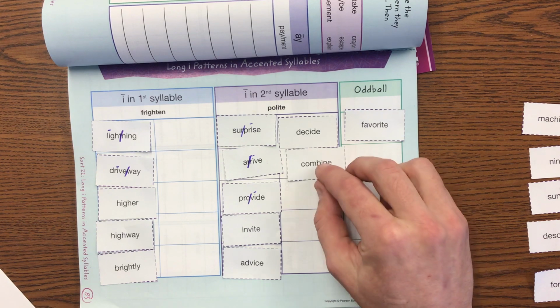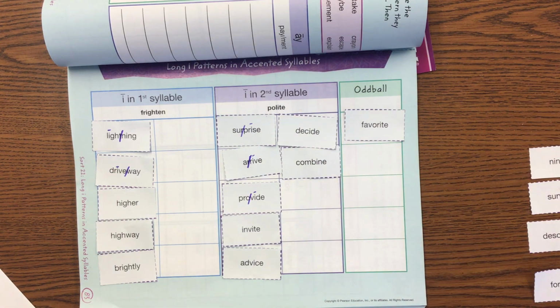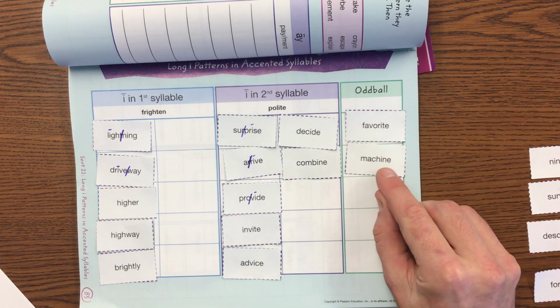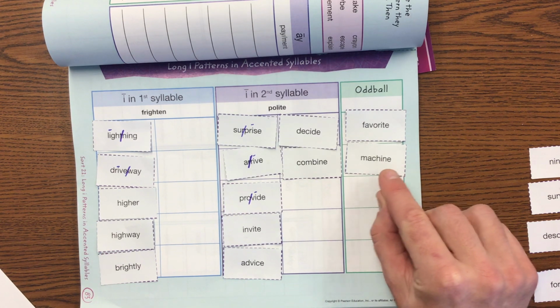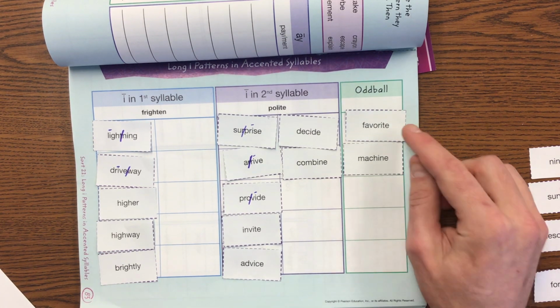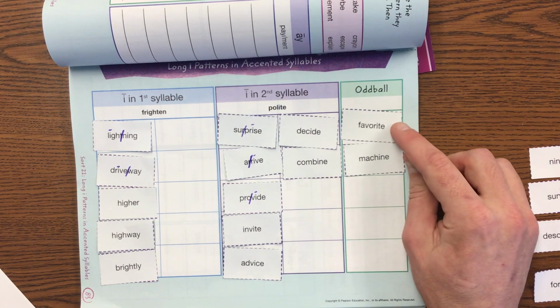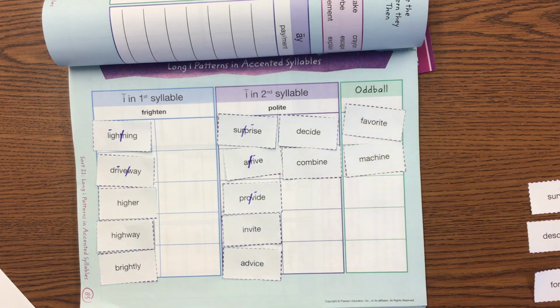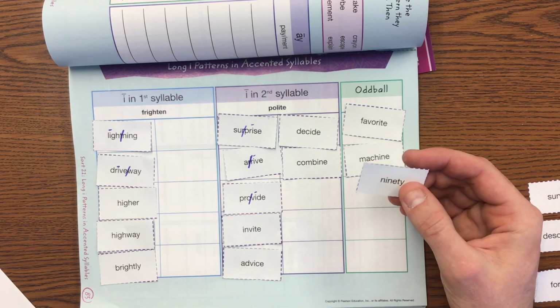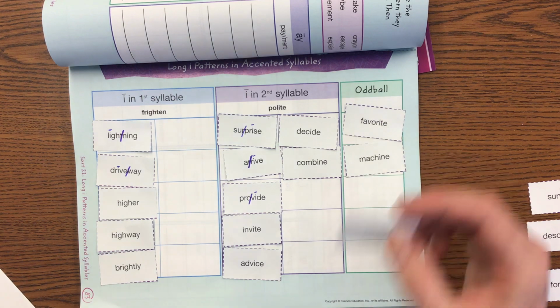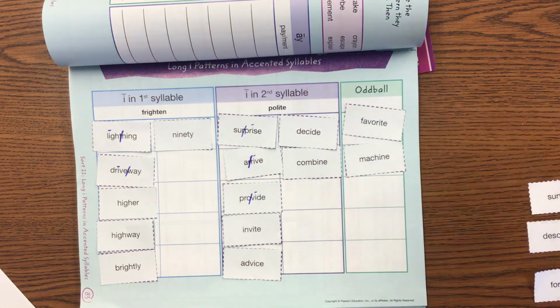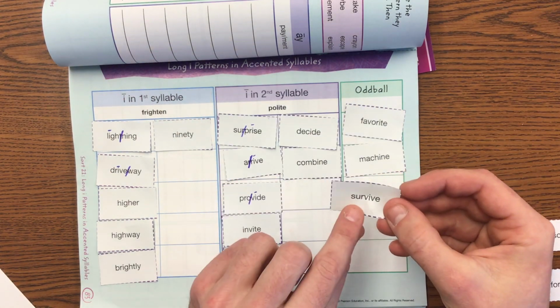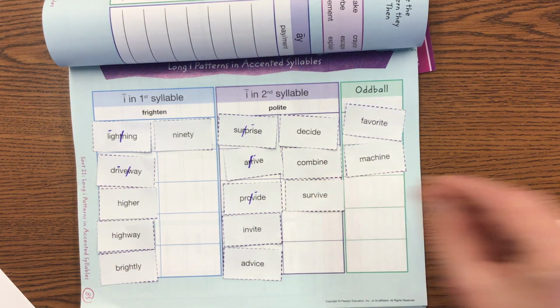Combine. Second. Another oddball. I-N-E here actually makes a long E sound. Okay? So that one's an oddball. Nine, T. That long I is in the first. Survive, second.